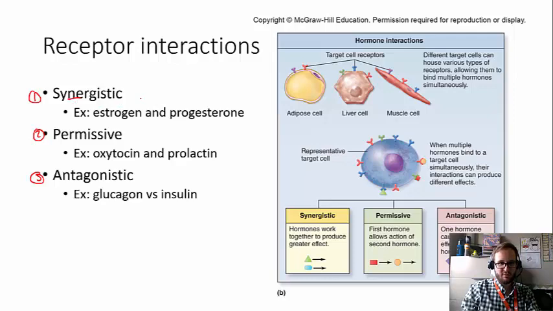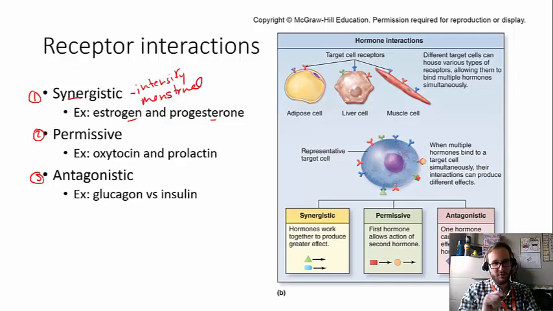A synergistic response is whenever two hormones, in this case estrogen and progesterone, intensify their responses to each other. For example, in a female's menstrual cycle, or uterine cycles, every month the uterus gets a thicker functional layer.